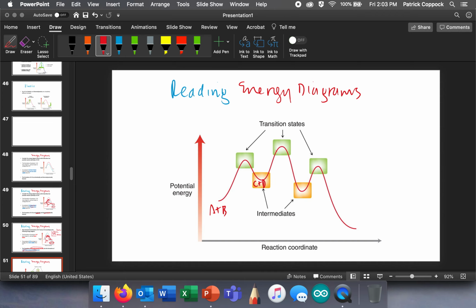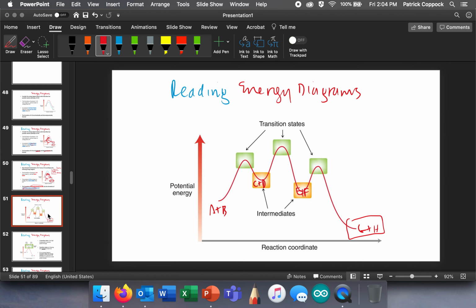Then C and D react to get another transition state where they might make, say, E and F. These are intermediates, because there's a well, or an energy well, in between these two transition states, and these might go to G plus H. I'm just making up numbers there, but to help you appreciate, transition states are at the saddle points or peaks, and these troughs, or wells, are intermediates. Transition states and intermediates.